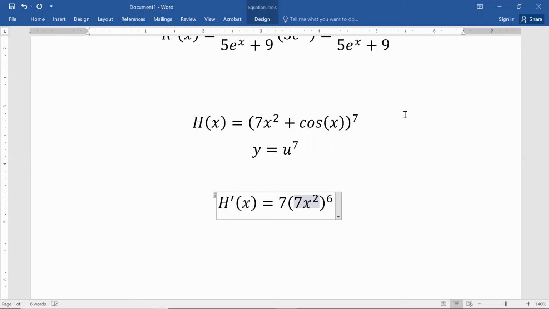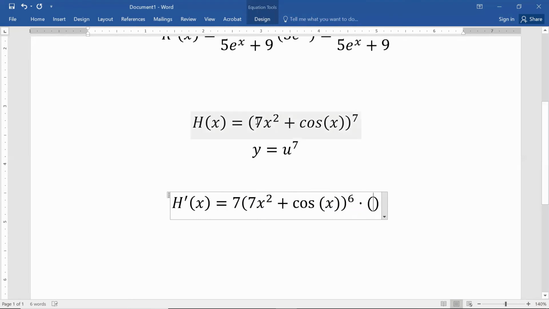That expression is 7x squared plus cosine of x. And then you should multiply times the derivative of the inside function.